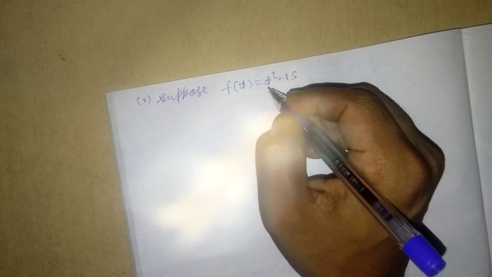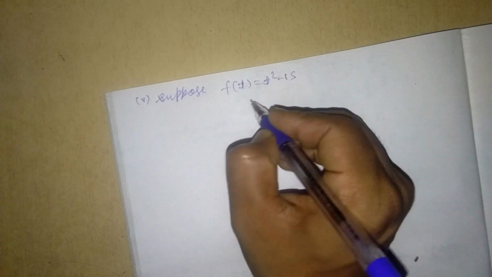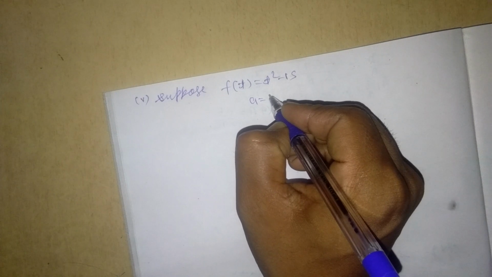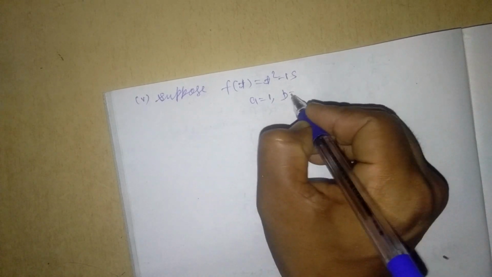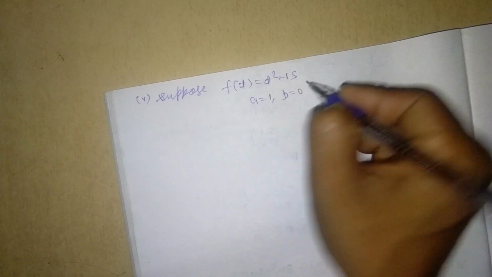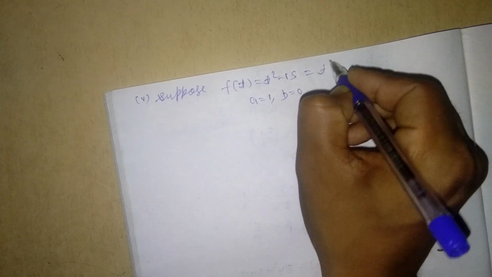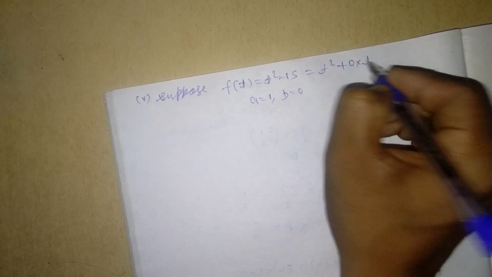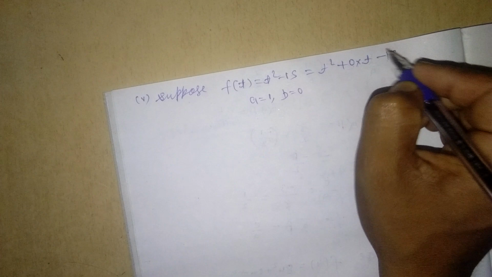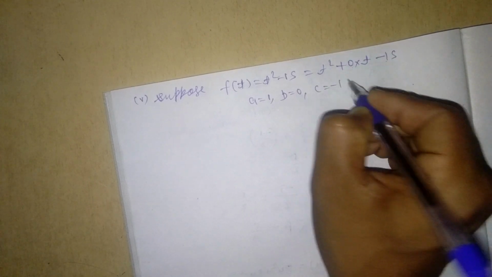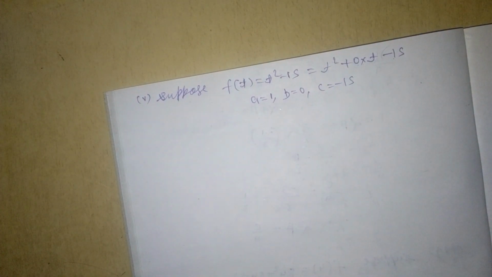You can see here a equal 1, also b equal 0, because you can write t square plus 0 into t minus 15. And also c is equal to minus 15, it is the constant term.